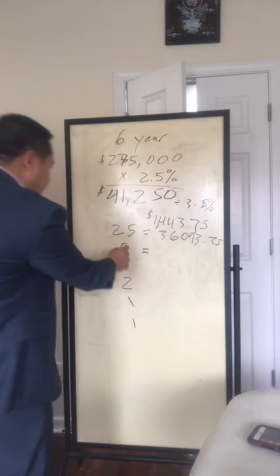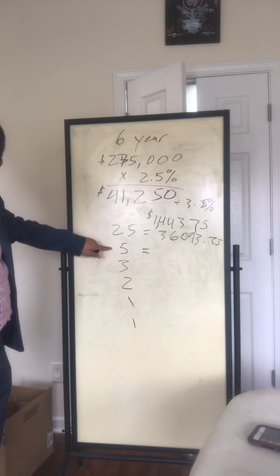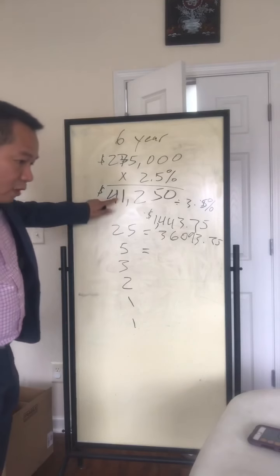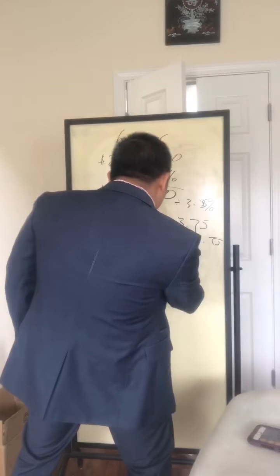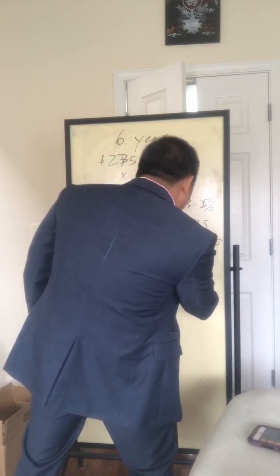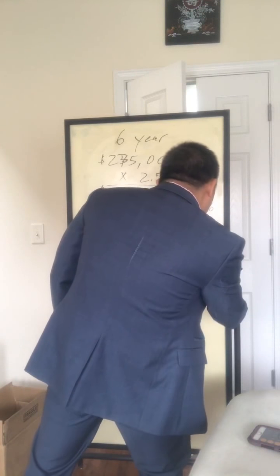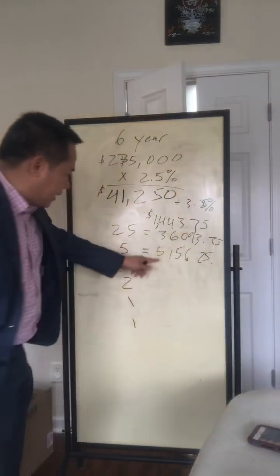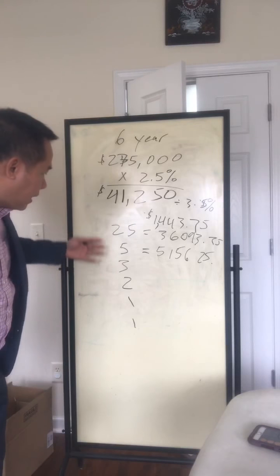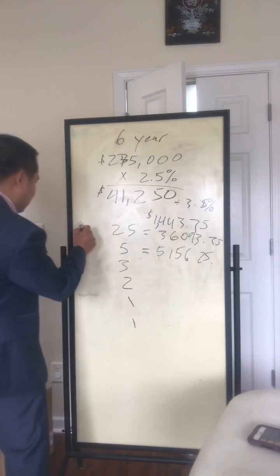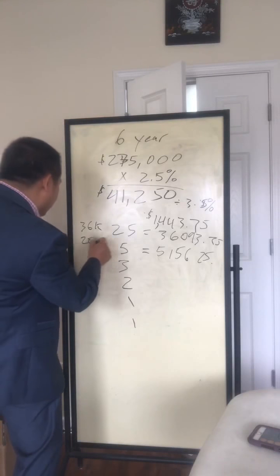Then you have this one, 5 times 5, 125. 125 times 41,000 is about 515,625, and this one you times about 4% for the second level. Basically, what I'm trying to show you is the money you can make on each of these. So this is about 36,000. This one about 206,000.